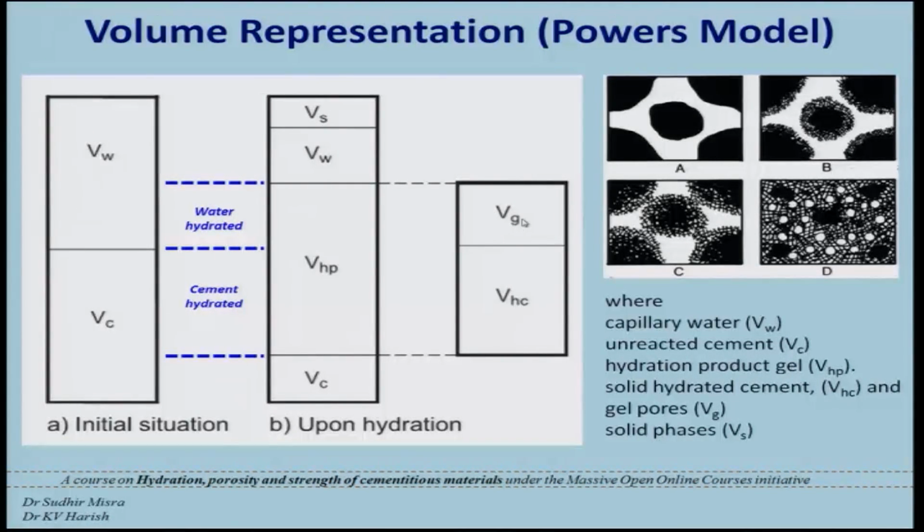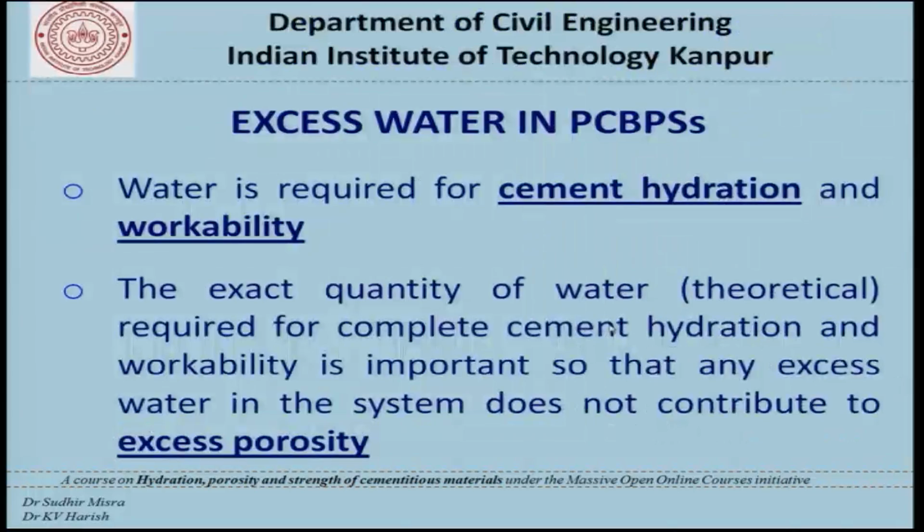If you recall some of the slides from the previous lecture, the water present in the gel pores constitutes three parts: the interlayer water, the micropore water, and the chemically combined water. We will see that in the subsequent slides.